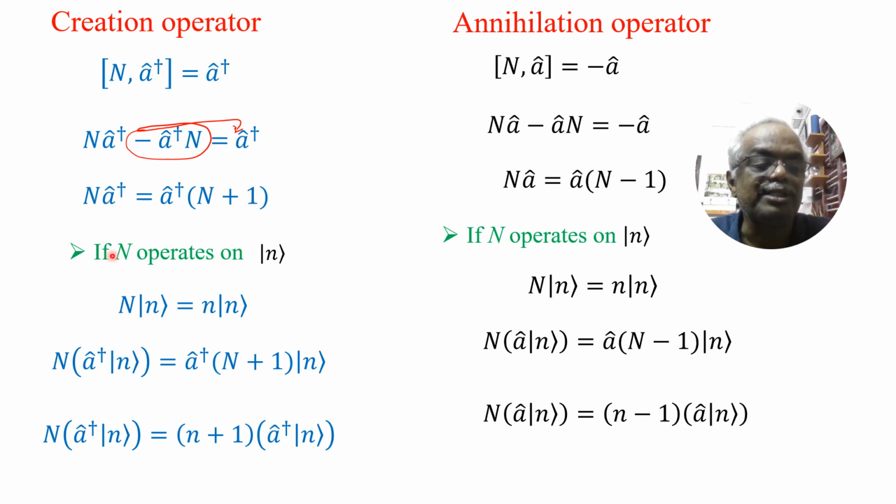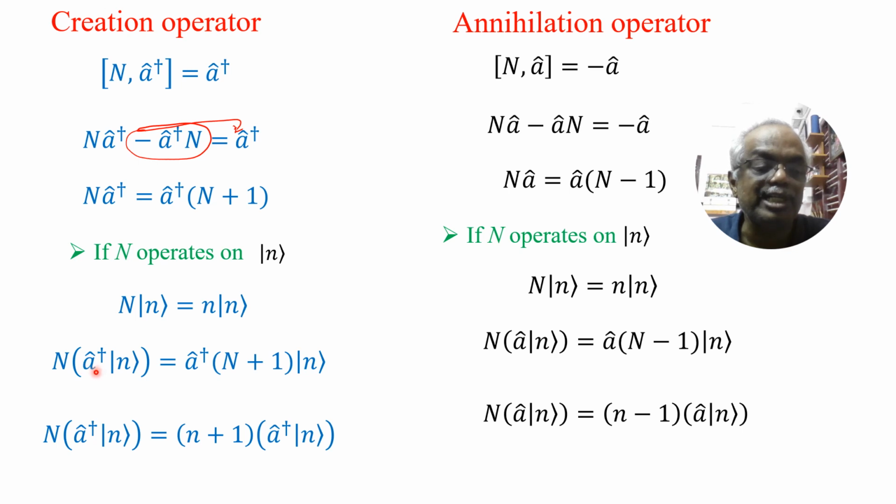So I got this. What will happen if n operates on ket n? Let us say if n acts on ket n, it produces the eigenvalue n with ket n. Now you use this relation for n a dagger ket n. Ket n is the eigenket of the number operator, so naturally a dagger ket n is also an eigenket of the number operator. That is a basic postulate in quantum mechanics.